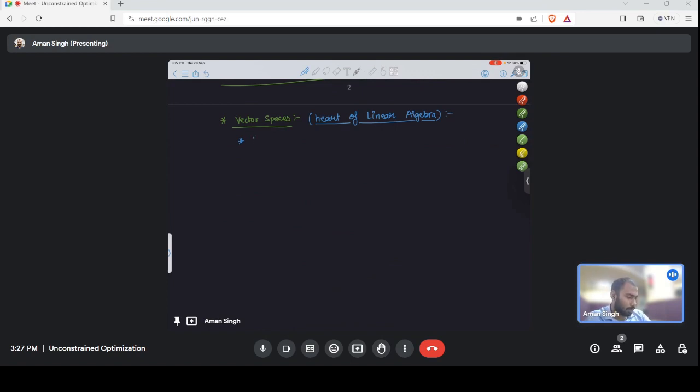So a non-empty set S is called a vector space if, so a vector space is actually a set.